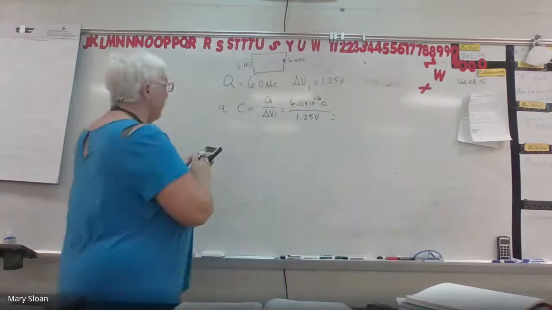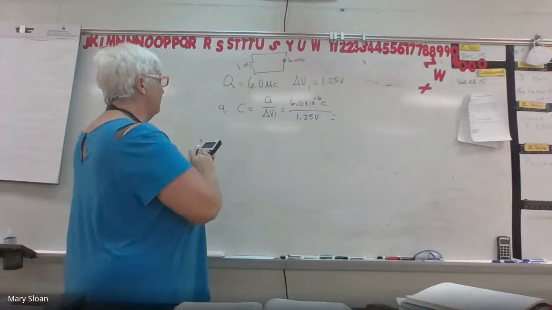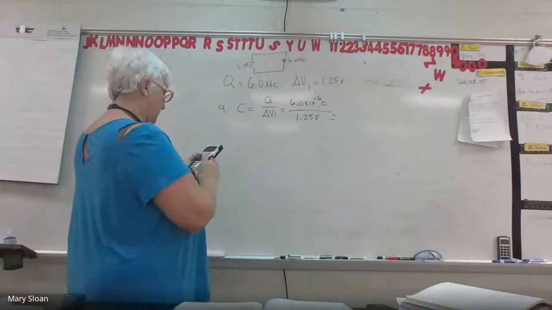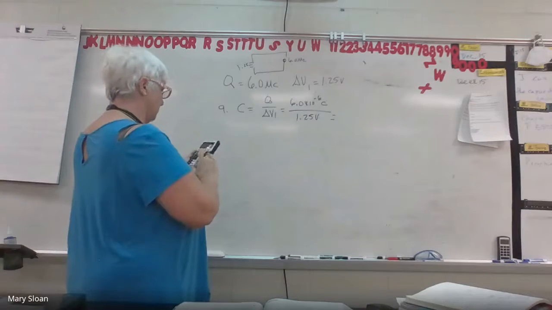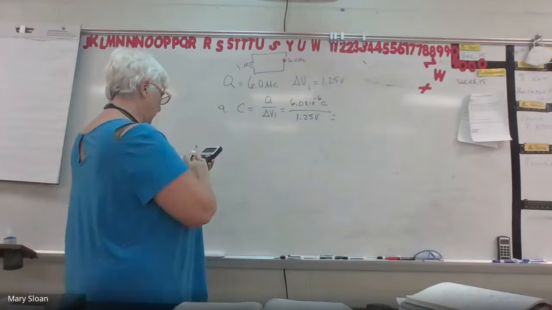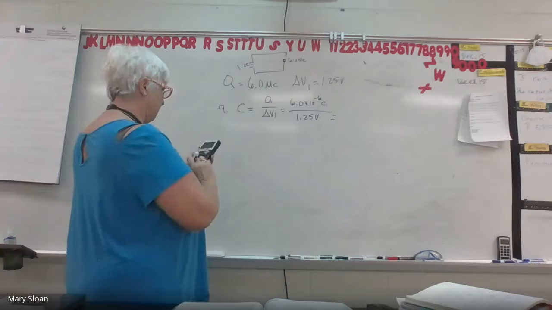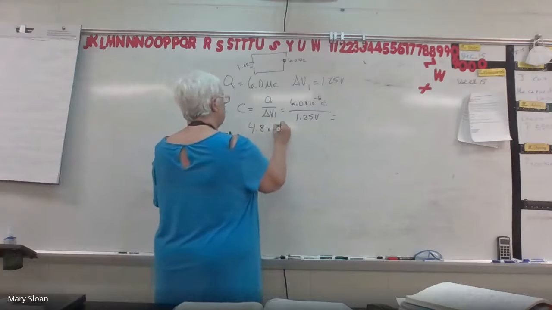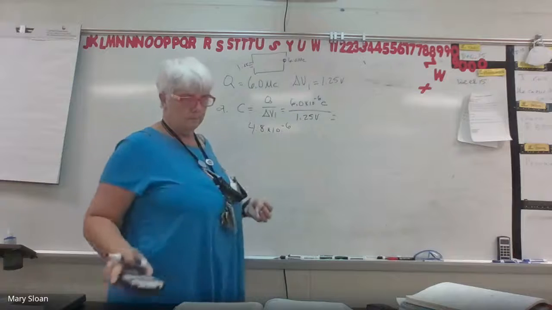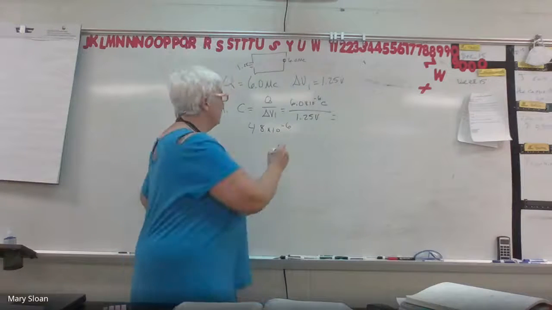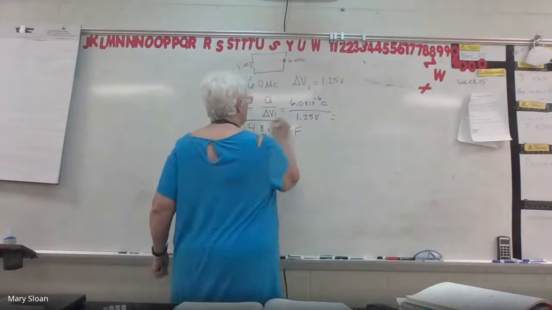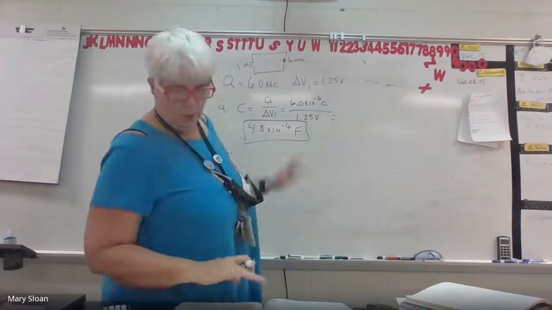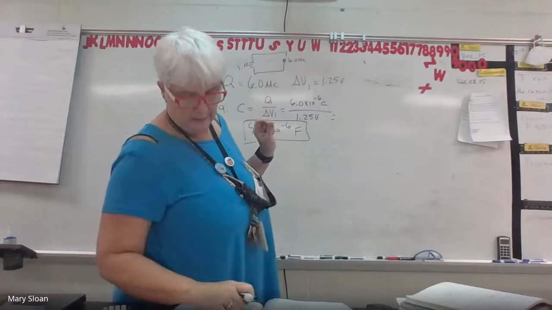If I take my calculator, 6.00 times 10 caret negative 6 over 1.25, that's going to give us 4.8 times 10 to the negative 6. And that's going to be in Farads. So for B, not potential energy, capacitance.